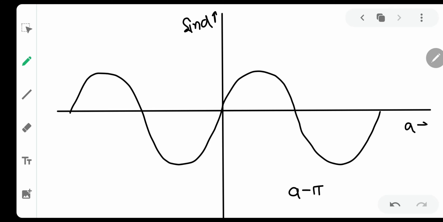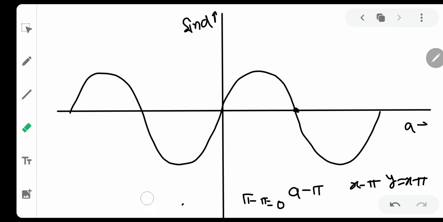So when the value of A is pi, then the value of y will be 0. This is as good as saying x minus pi, right? y is equal to x minus pi. Just substitute A as pi, so pi minus pi comes out to be 0. It means (pi, 0) is one of the points on the line. So pi lies over here, right?